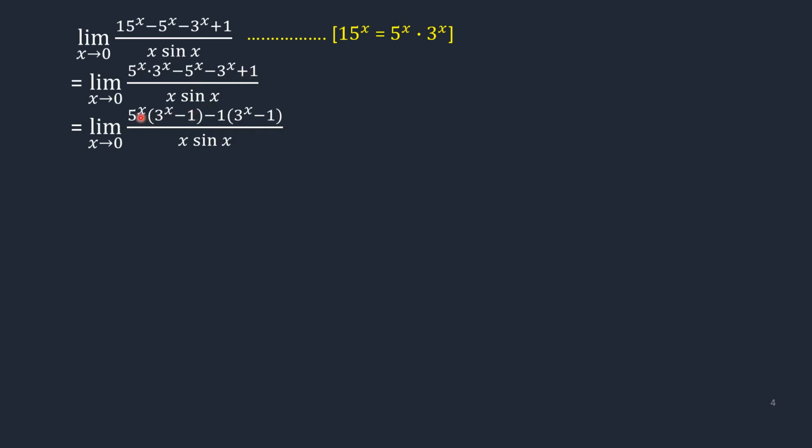Now here, from the two terms in the numerator, we will take 3 to the power x minus 1 common and write the two factors. The first factor will be the common factor, which is 3 to the power x minus 1, and the second factor will be what remains, that is 5 to the power x minus 1.